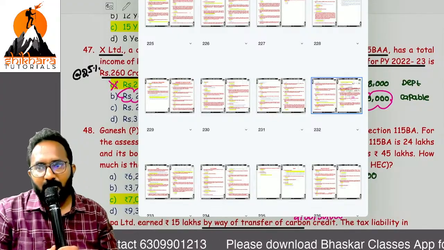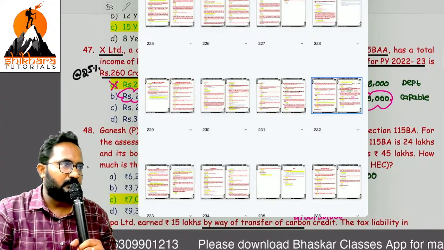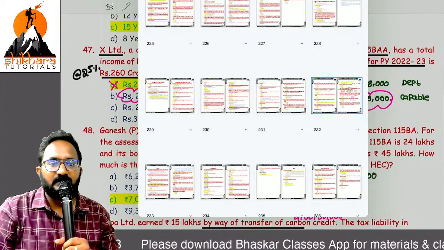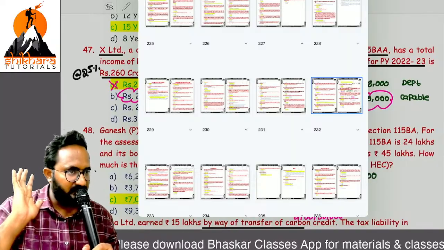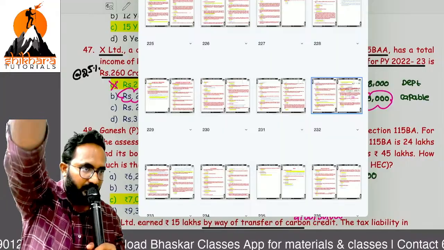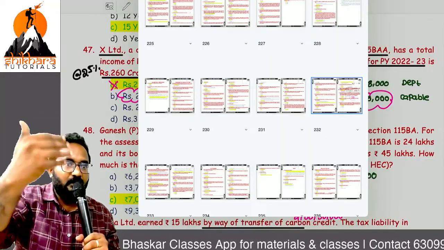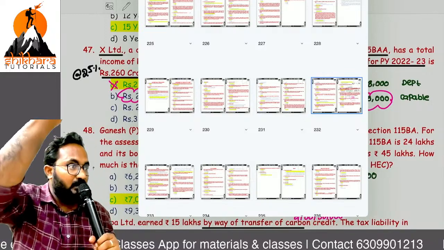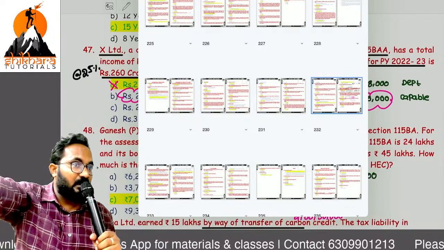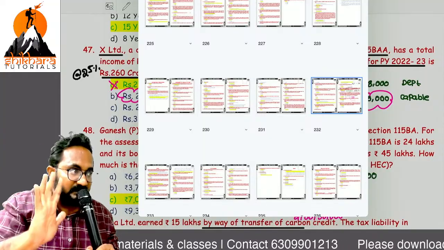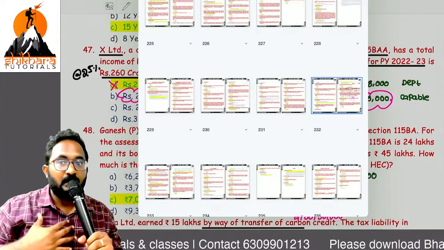Why is it given? Because they want to provide support to lower income people. But marginal relief is available for all assessees because of the surcharge rate increment. So normally 10 to 15, 15 to 25, 25 to 37. Because of the surcharge rate increment, in some cases the government is asking more tax than their income. In such cases, we can provide marginal relief.